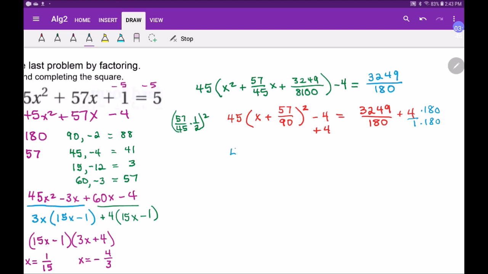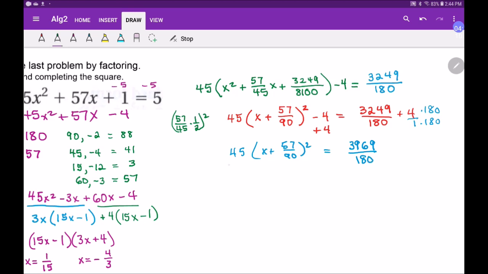So let's see what we have. 45 times x plus 57 over 90 squared is equal to 3,249 plus 4 times 180, which is, did we recognize this from before? 3969 over 180. Yeah, I think we do.